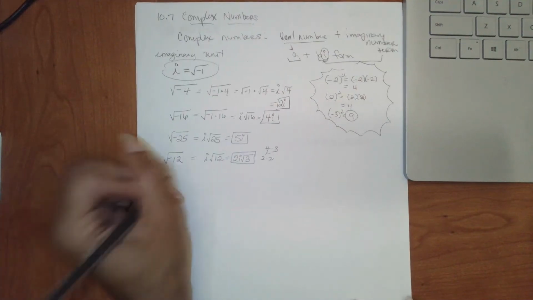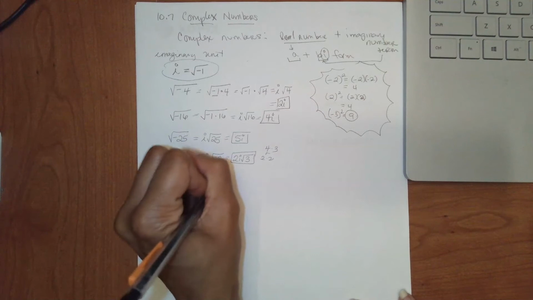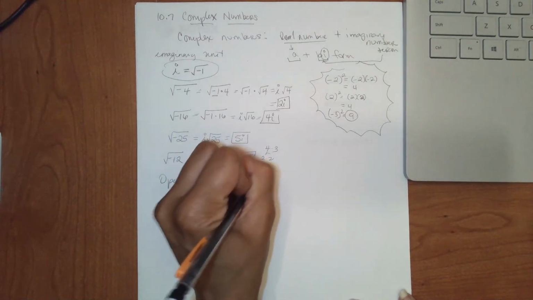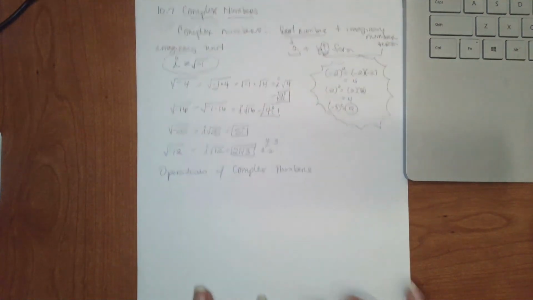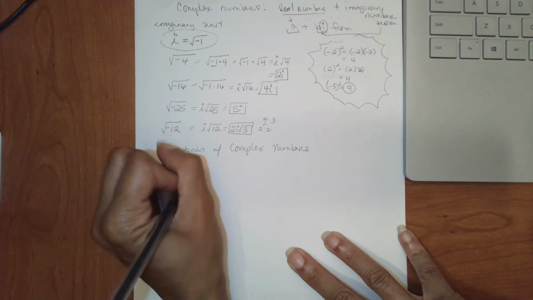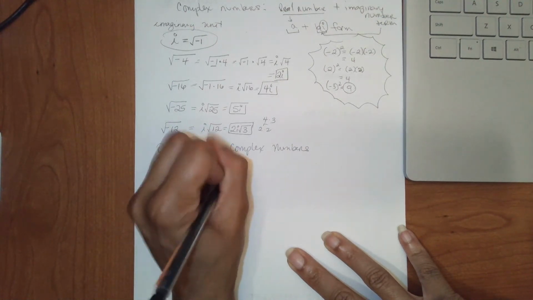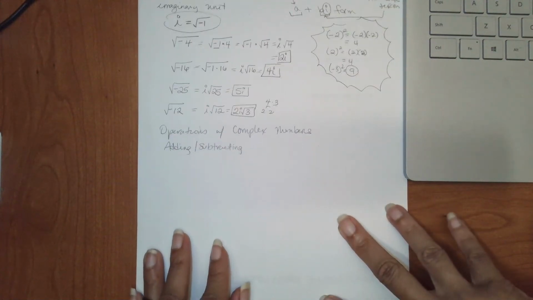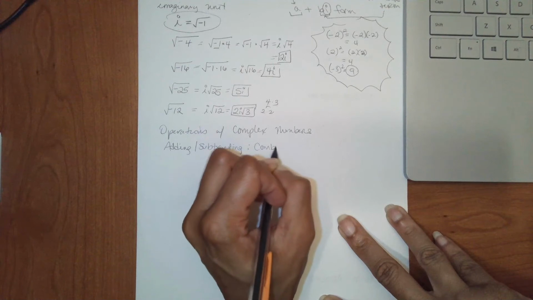All right, then we have operations with complex numbers. With operations with complex numbers, we're adding and subtracting, which is basically combining like terms.